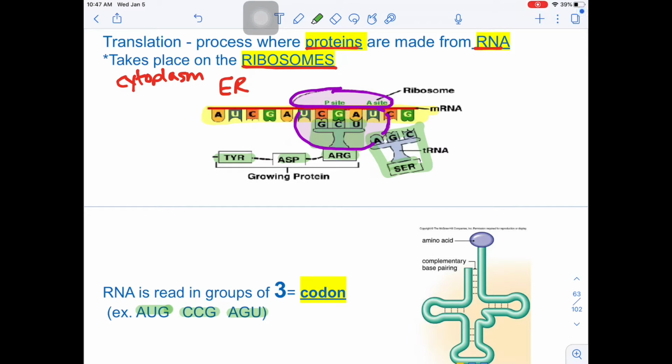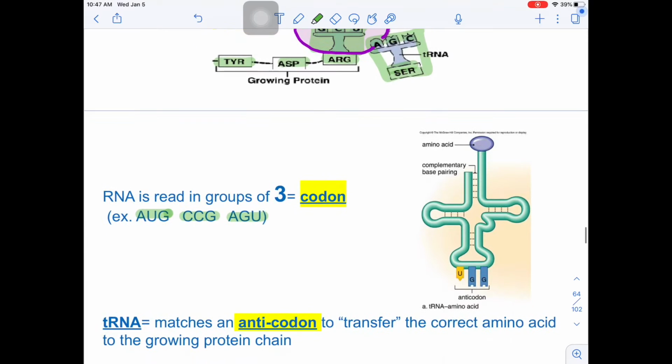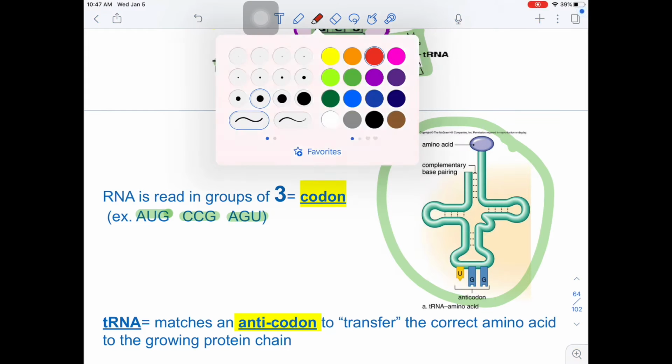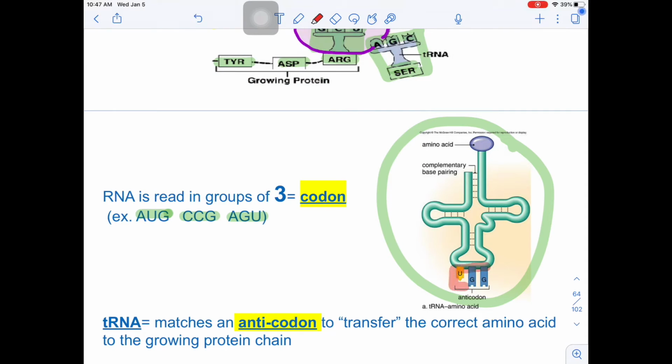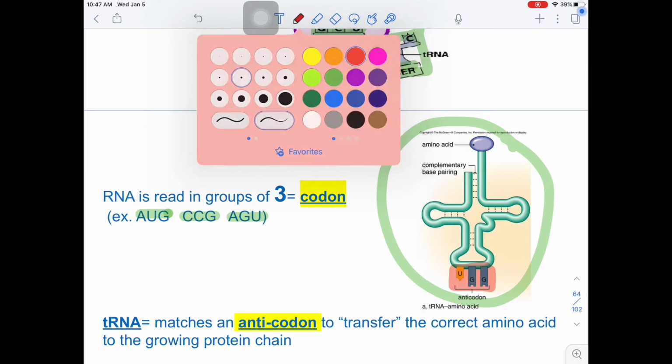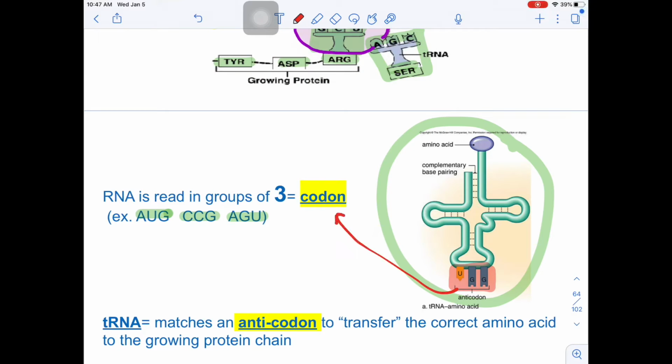These codons on the RNA molecule correspond to a matching anticodon on the tRNA molecule. So when this tRNA molecule comes into the ribosome, its anticodon, which you can see right down here, is looking for the matching codon pair. So it's looking to match up with a codon on the RNA.